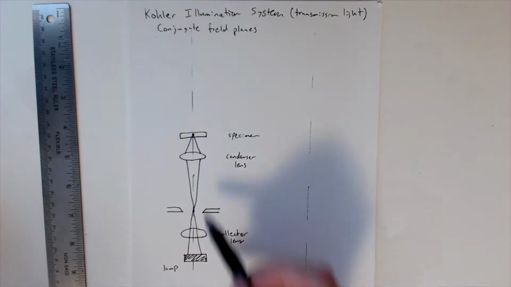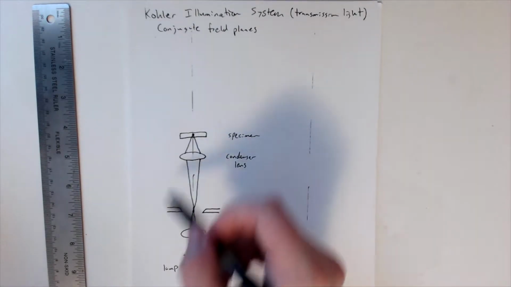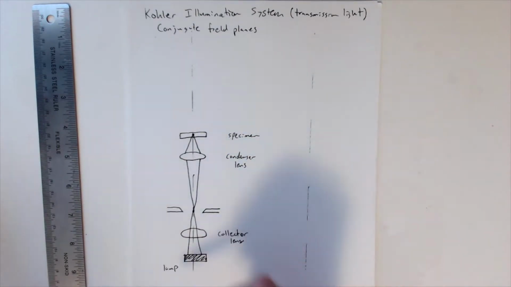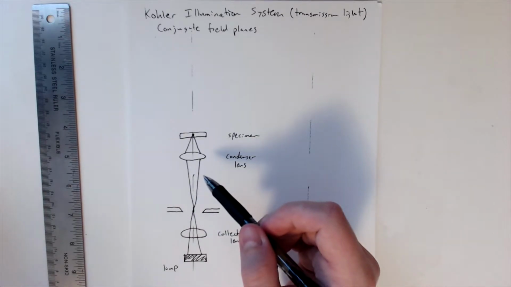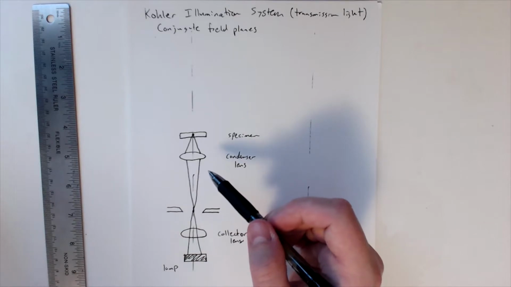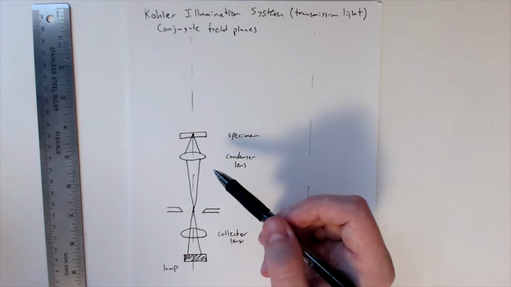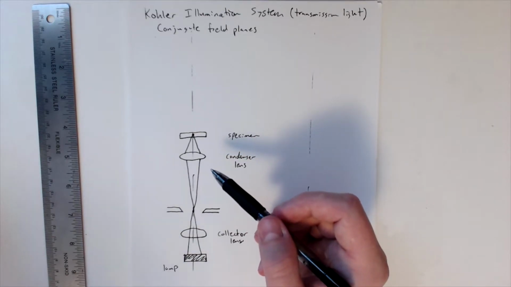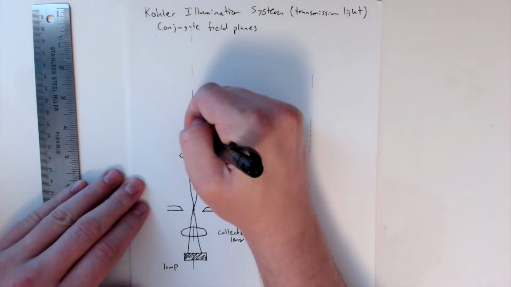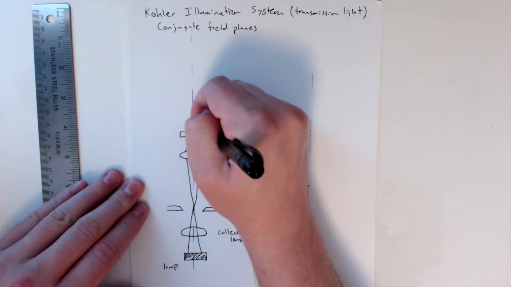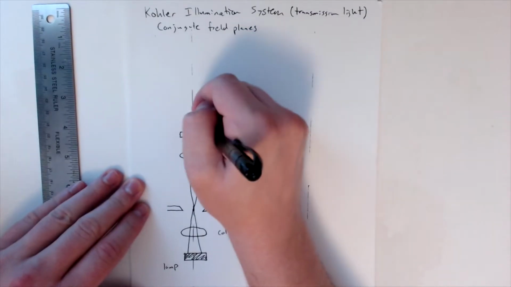So this has gotten us all the way to the specimen, right? This is the part that we typically haven't talked about. We've talked about the other side. But the interesting thing is that the other side, the ray diagram that we have, is basically the same. So we have the light, it diverges from the specimen.